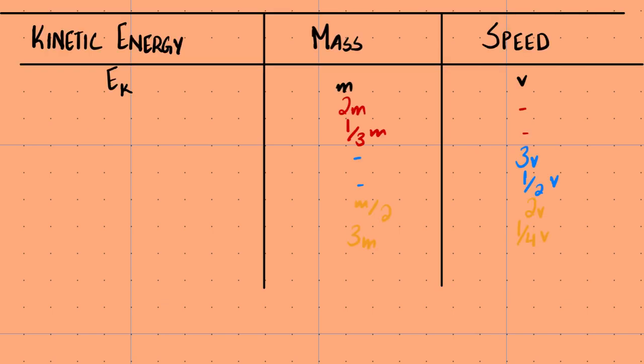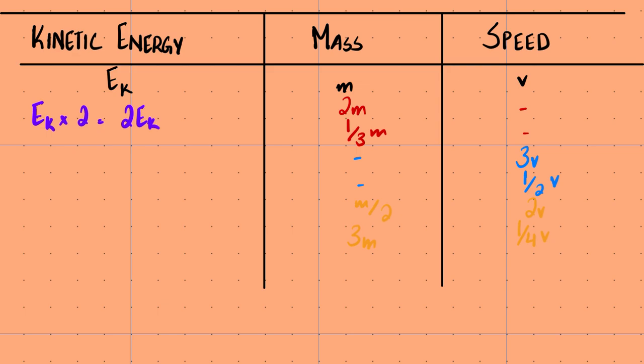So let's do a short exercise to understand this idea. This is a table that we'll have to fill in. So kinetic energy is Ek when the mass is m and the speed is v. Through a set of different exercises, I'll see how proportion works in the case of the kinetic energy formula. So if mass doubles, what would happen to the kinetic energy? Well, by direct proportion, it's simply going to double. So this is going to become twice of Ek.